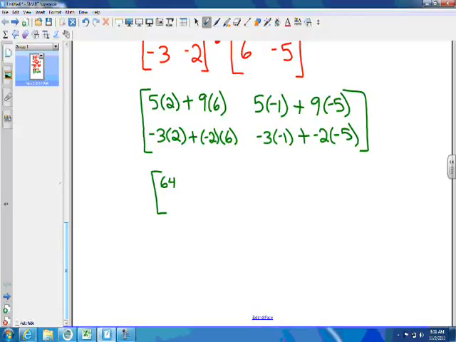Negative 5 minus 45, which is negative 50. Negative 6 minus 12, negative 18. And 3 plus 10, so we got 13. Yeah, that's your answer.